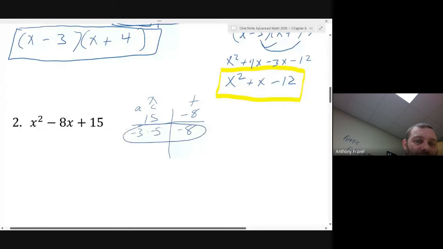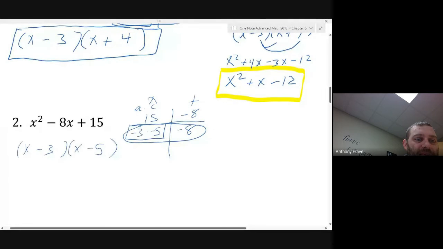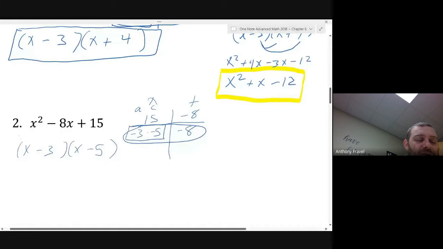I did it perfectly right off the bat. These will be the numbers I work with. I'm going to put together my two sections in parentheses. I've got X on both sides. So X minus 3, and this one will be X minus 5. This is my answer for number 2.